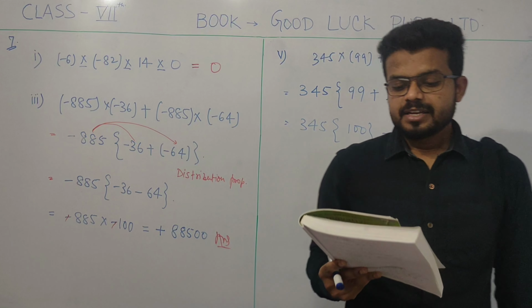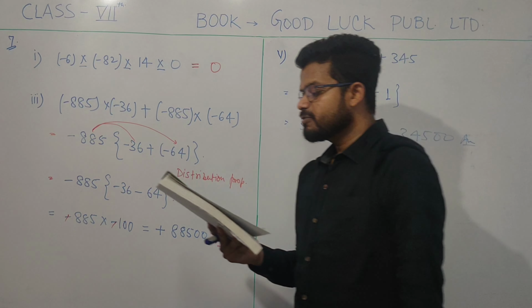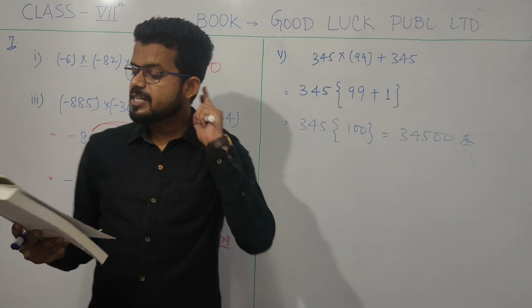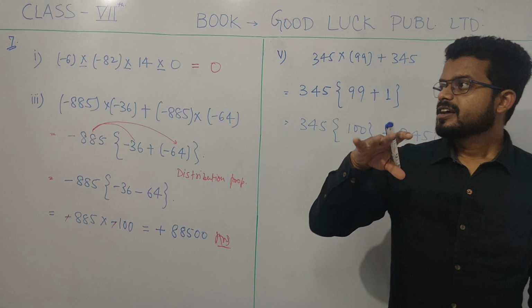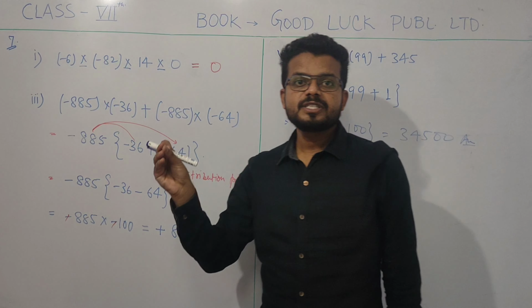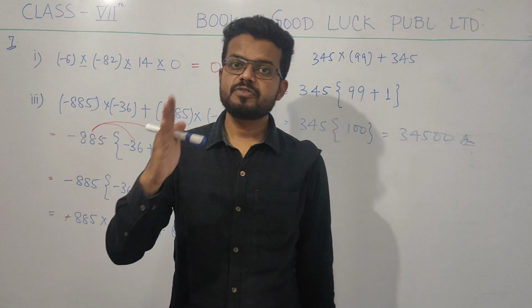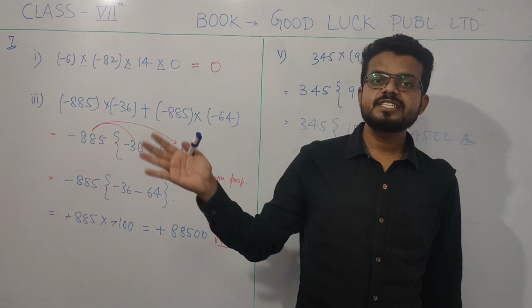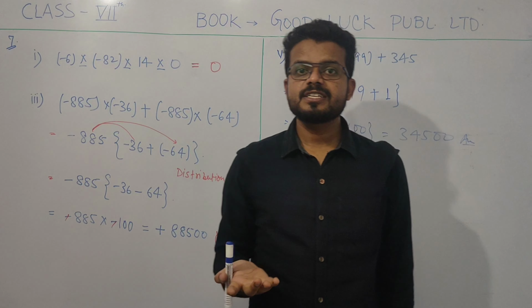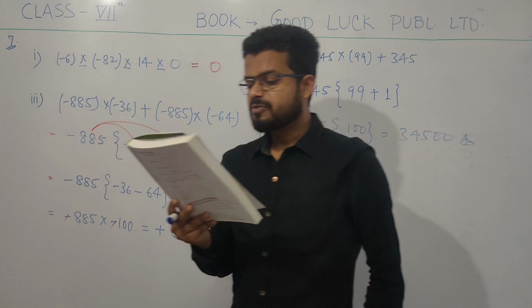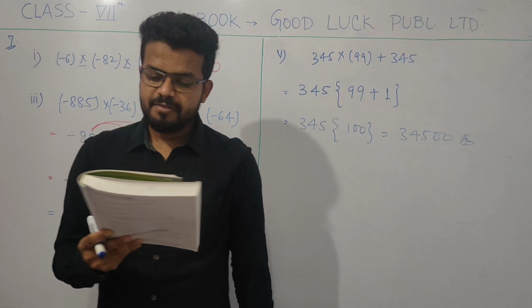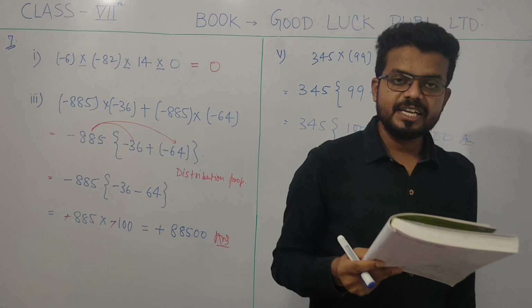Third, the product of 5 positive integers is a positive integer. Yes. If I multiply 5 positive integers like 2, 3, 4, 5, 6, the result will also be a positive integer. So the answer is true. Fourth, the product of 5 negative integers is a negative integer.